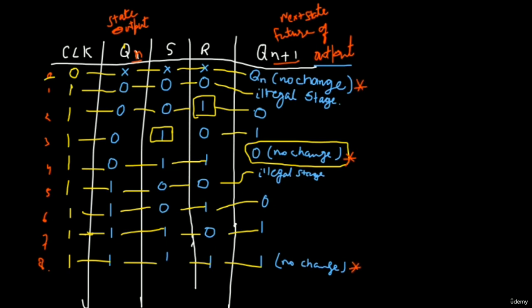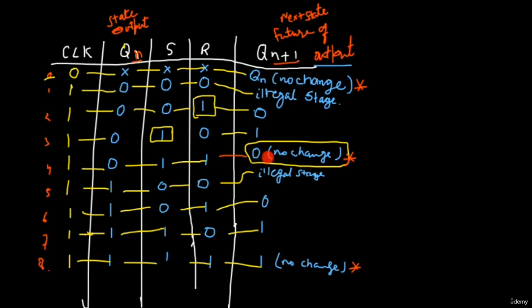Well, I explained the first, 0th and 8th one, but in this case there is no change because both S and R are 1. So if you put both 1, you are going to get no change. Like you set and then you reset what you set, so there will be no change. Just imagine a simple video game type thing that you set and then you reset.